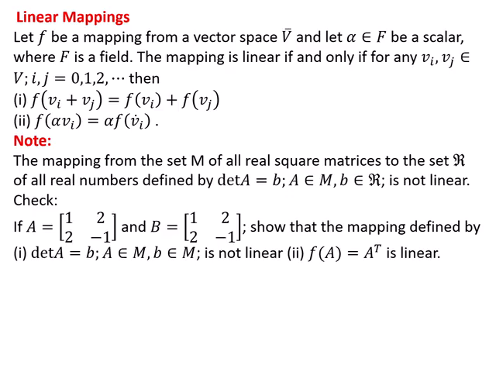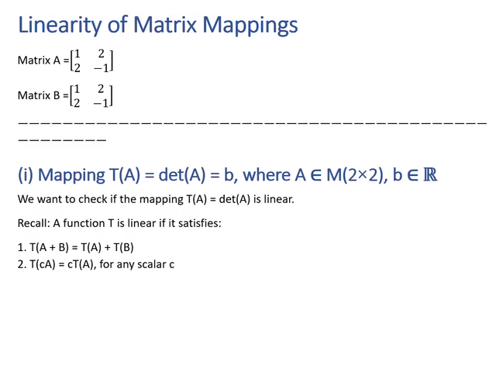How do we go about this? Let's check it out. Linearity of matrix mapping. We have known the two conditions for a mapping to be linear. You find the addition together and separately, they are equal.